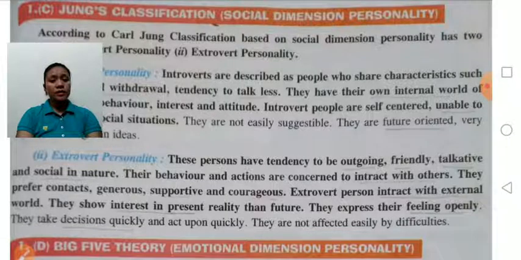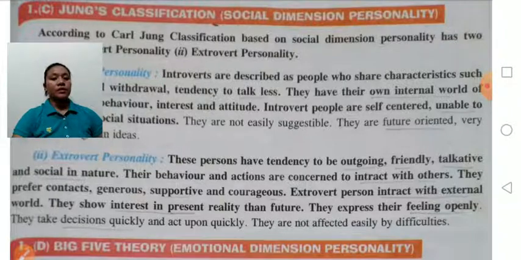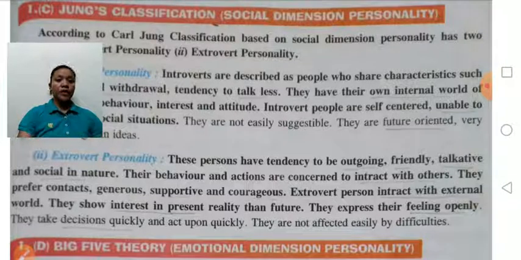These persons take decisions quickly, and also act upon their decisions quickly. This extrovert personality is not affected by difficulties. They are concerned with interacting with others, and are easily friendly with other people. These are the types of personality according to Carl Jung.